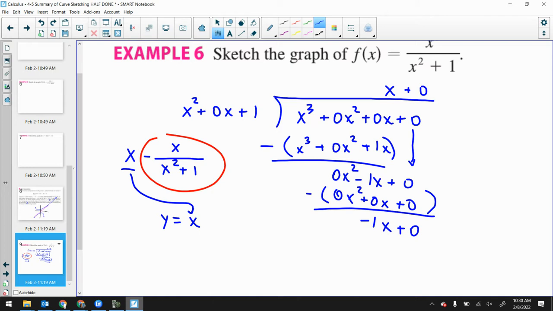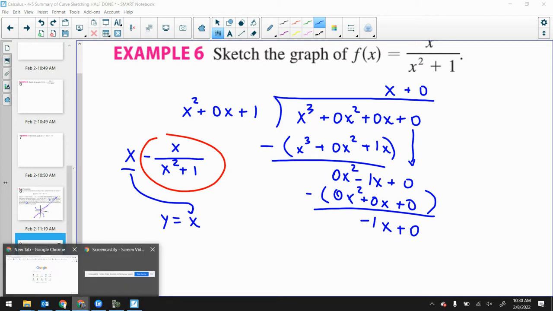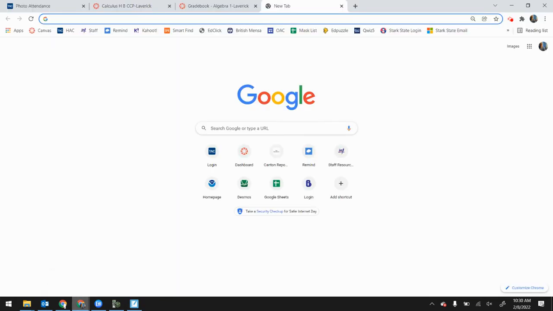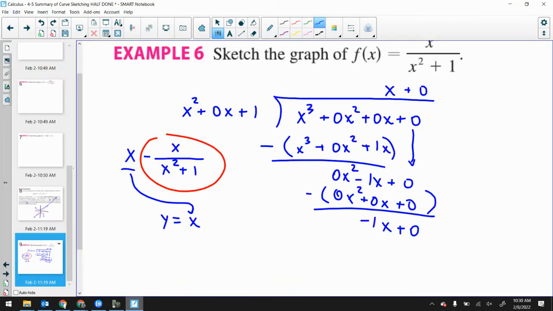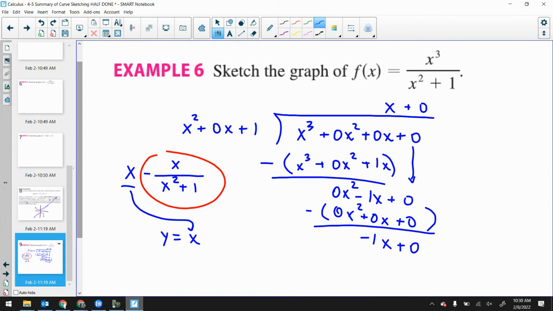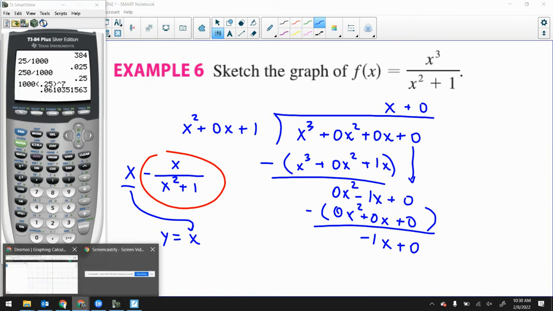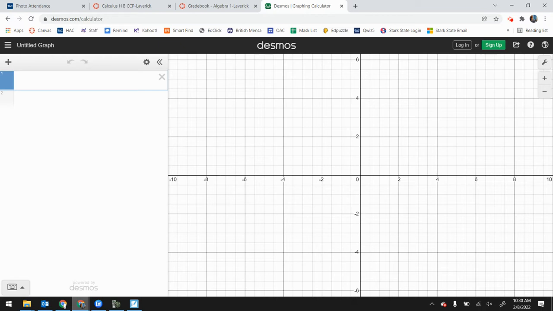Now, I'm going to use Desmos to graph this. So I'm going to say, we got x cubed over x squared plus 1.